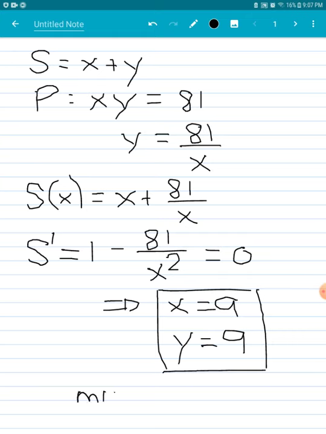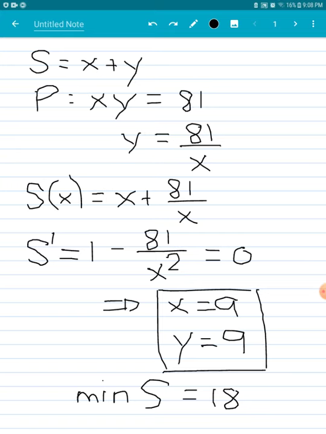And it should be clear that the minimum sum is 18, and that is obtained simply by adding the two numbers 9 and 9. So we write minimum sum S as 18. The x value is 9, the y value is 9, the sum of the two, 9 plus 9, so the minimum sum is 18.